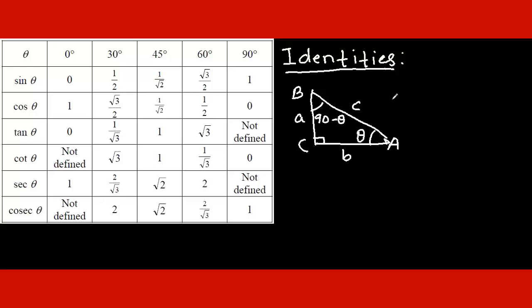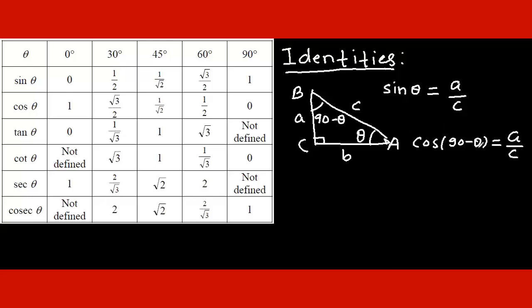Okay. Now suppose we have to find sine of theta. What is this equal to? BC by AB. So that is small a by small c. Okay. And what is cos of 90 minus theta? This is given by what? Base by hypotenuse. So this is a by c. Okay.